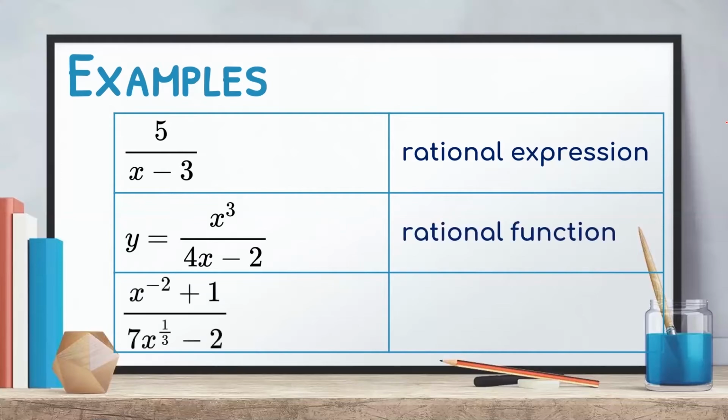For the third one, x raised to negative 2 plus 1 over 7x raised to 1/3 minus 2. See that there is a negative and fractional exponent at the variable. Remember that if there is such, the expression will not be a polynomial. Therefore, this expression is not a rational expression, so we will be writing none of these.